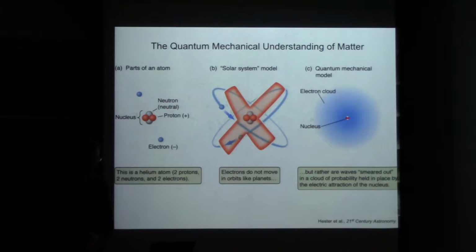So, the quantum mechanical understanding of matter, well, of course, this is a figure from an intro astronomy textbook. In 280 you did more detail. In 380 you do a lot more detail. But remember that electrons don't literally orbit the nucleus in well-defined orbits the way planets orbit the sun.